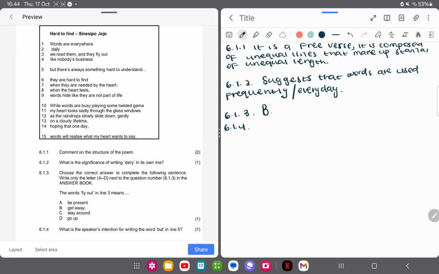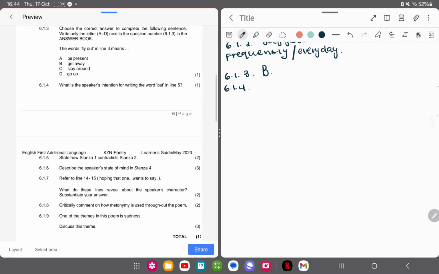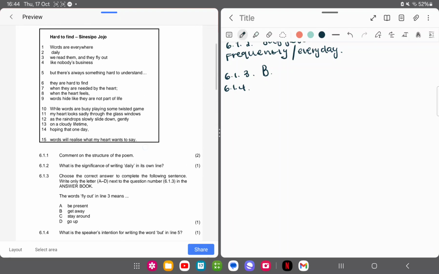Right, 6.1.4 says, what is the speaker's intention for writing the word but in line 5? Line 5 reads that but there's always something hard to understand. If you have read the first stanza that says words are everywhere daily, we read them and they fly out like nobody's business, and then there emerges a but, it is quite clear that the but is there to create a contrast or to bring about a different idea to what has been previously said.